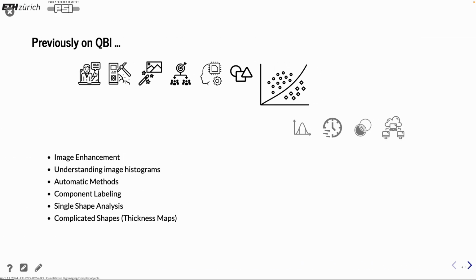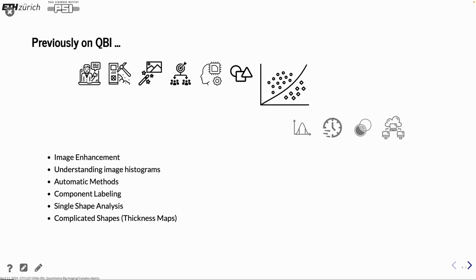And what we have done until now, we have looked at different steps in the process, and we are getting closer to quantifying information from our data. So we started out doing image enhancement, then looking at histograms and trying to do segmentation, identifying different regions in the images, taking one step further, identifying individuals within these segmented areas.